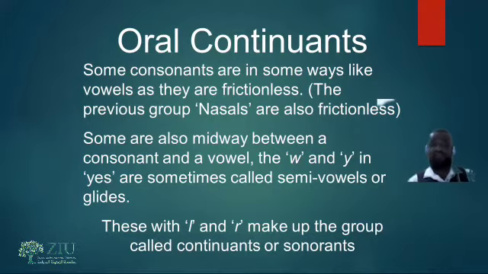For example, the previous group, the nasals n, m, and ng, are frictionless actually. So there is no strong friction between them. Some sounds are also midway between the consonants and vowels. Some symbols we are able to assign either to vowels or to consonants, as they are in between.